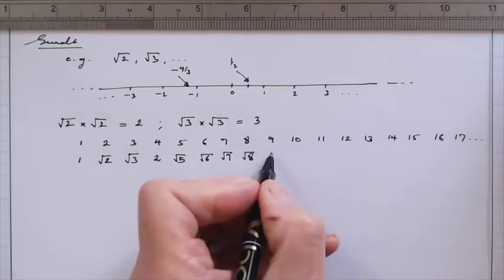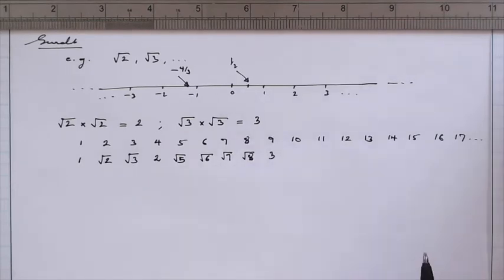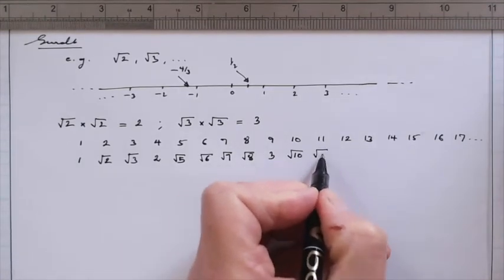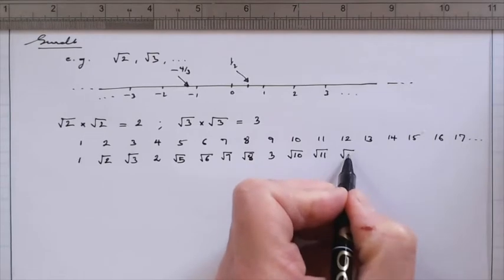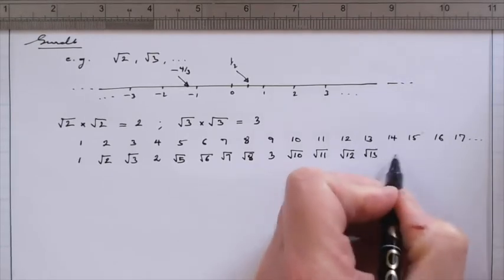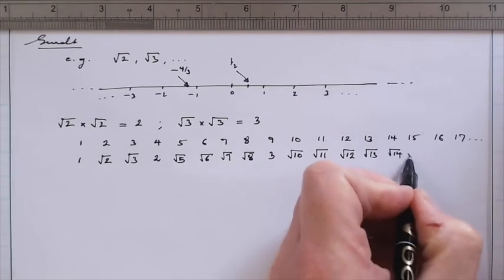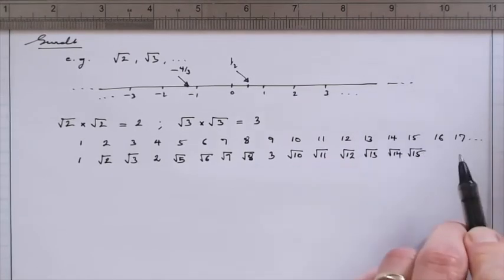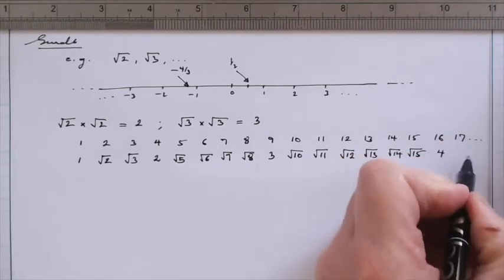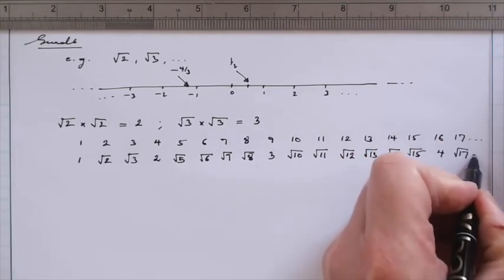Its square root is just an integer, in this case 3. And then we have a spate of surds. Collective noun for surds apparently is a spate. I just made that up. And until we get to the next square number, and then the square root of 16, of course, is just 4, and then so on.